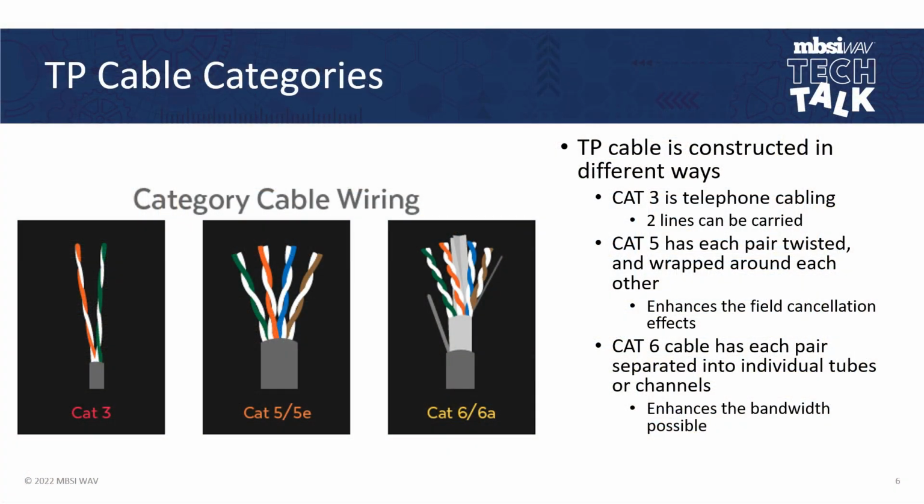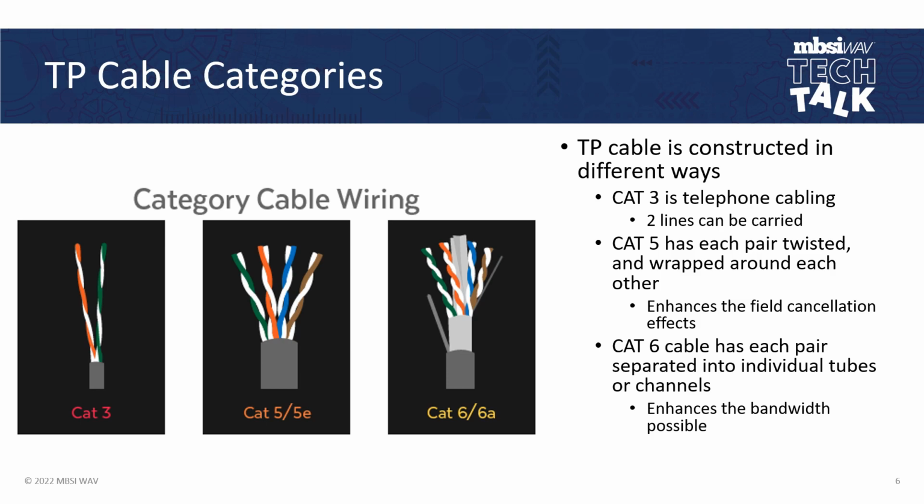So twisted pair cables are identified by the category that they are. So the category 3, old-fashioned telephone cabling, is generally 2 pair. And yes, they're twisted, but they're designed more for audio on the cable rather than a data signal on the cable.